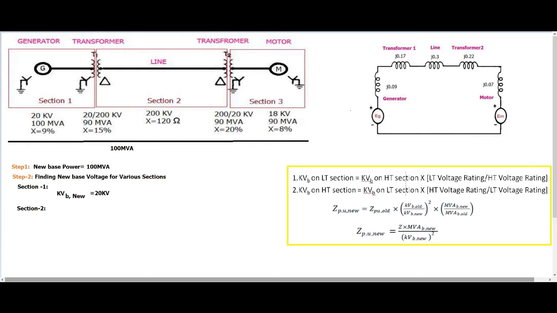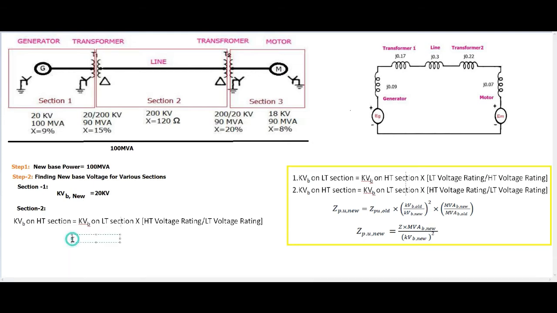So which formula will we use? The kV B on the HT section formula. We have to use this formula: kV B on the HT section is equal to this. Now section 2 lies on the HT side of transformer 1, hence we will be using this one.